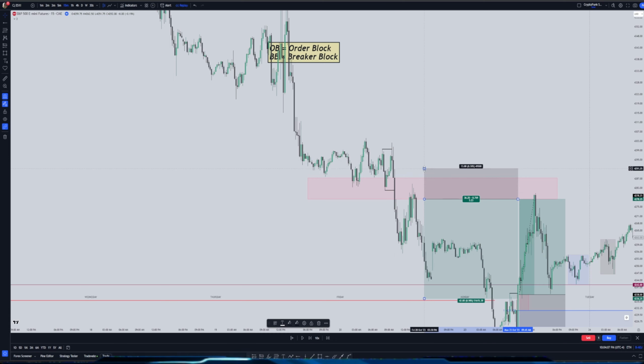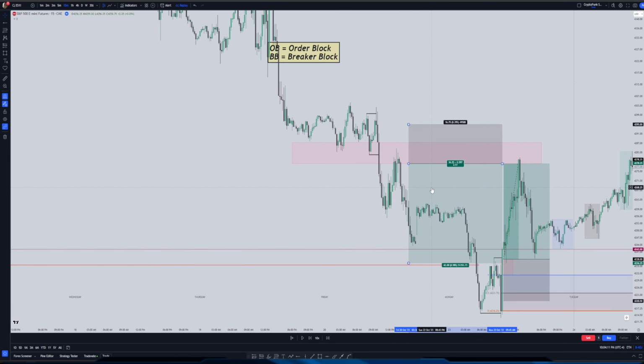Usually this is good enough, but I'm going for this. That will cover 50% of my order block. It already gave me 1 to 2.5, what I target is 1 to 2. Let's see if this liquidity can give me that or not. It still gives me more than that, so I can go for this or I can go for the swing. Then I have to see something like this.